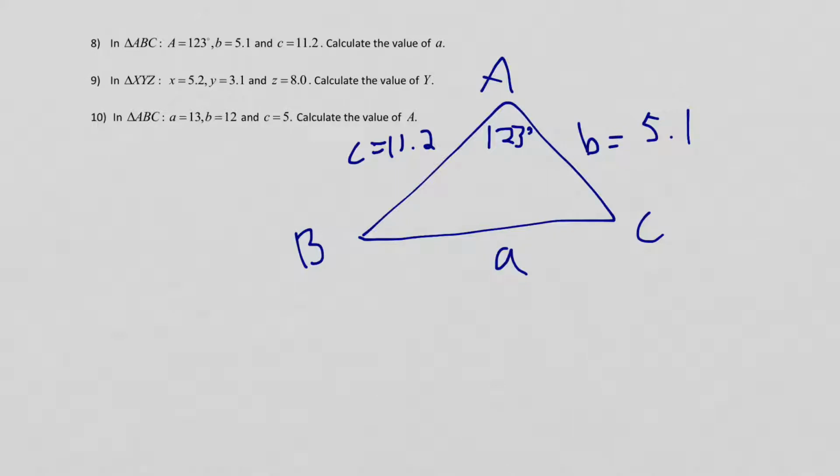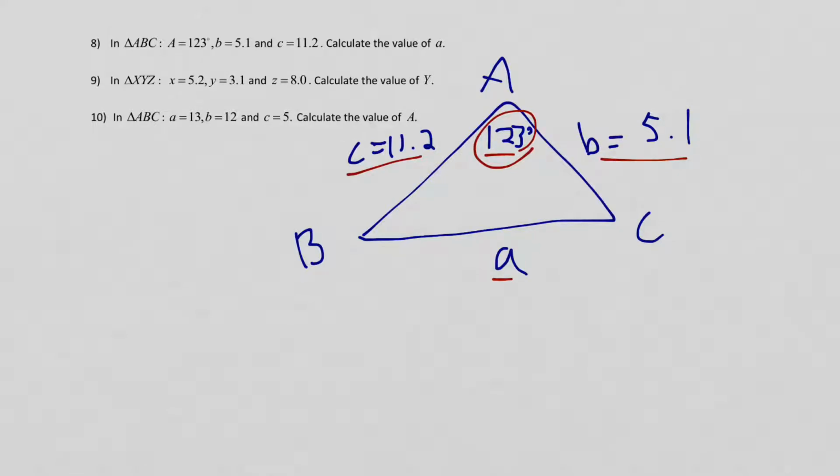All right, so here's an example where we're going to need to use cosine law. There's a couple of different versions for cosine law. This one here, as you'll see from the instructions and from what we did in class, we don't have a matching pair. We've got angle A up here, but we don't know its corresponding side. What we do know is side c and side b, so we know two sides plus the contained angle.